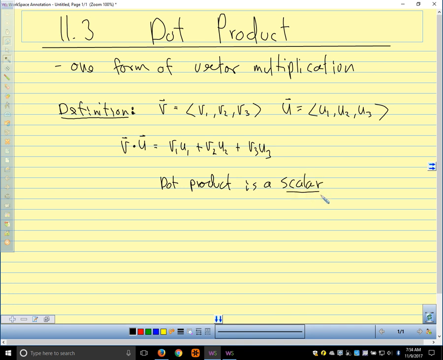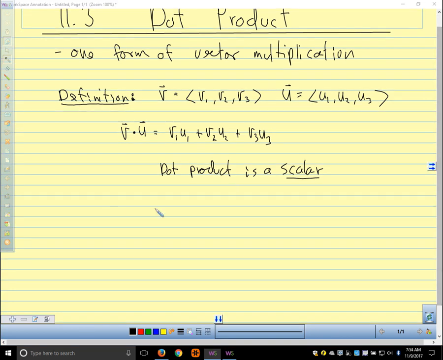Now it is a very simple operation, but the dot product contains a lot of information about those vectors, and we're going to talk about what that information is in just a little bit. You'll also hear this called the scalar product.